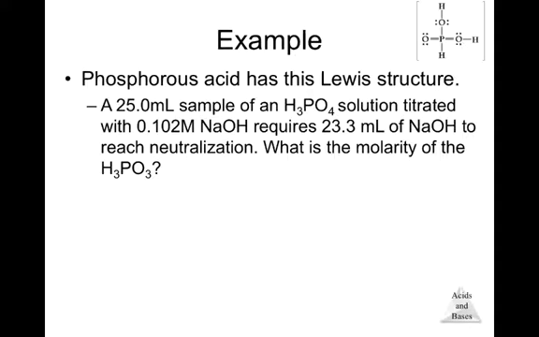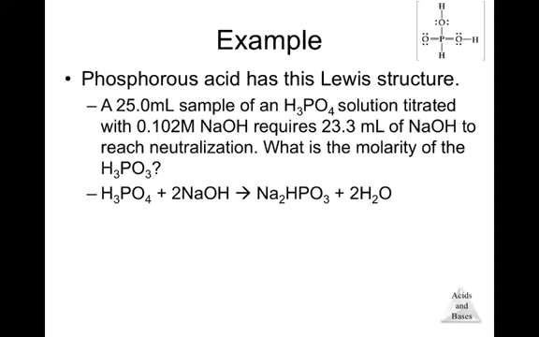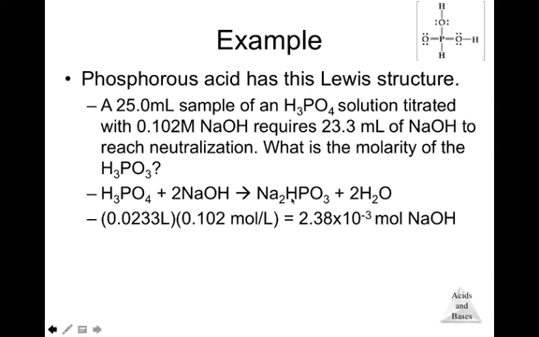Okay, hopefully you're coming back to me with a great answer on your paper somewhere. So what are we going to do with this one? All right, here's our equation. We've got our H3PO3 and our NaOH. We have our concentrations, our volumes and our molarities.